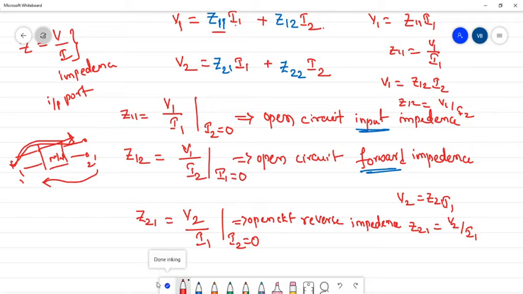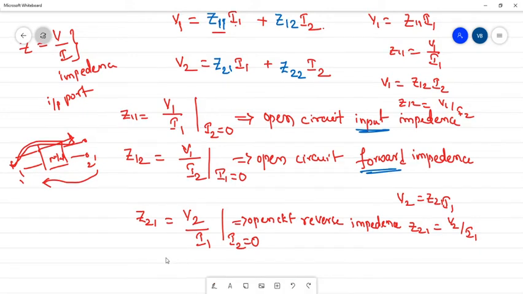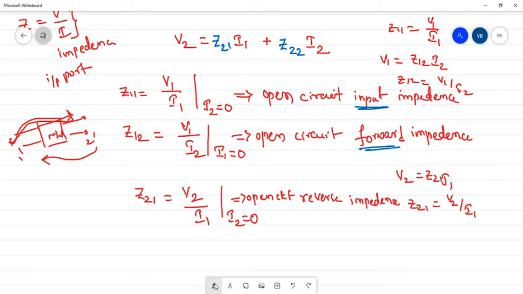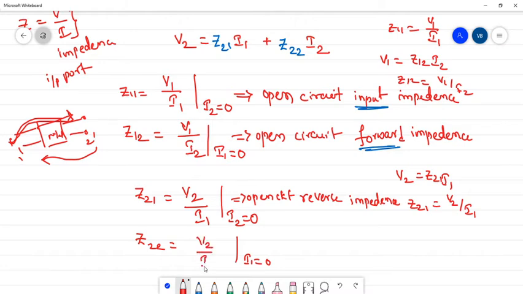And finally Z22. What is Z22? To calculate Z22, I1 should become 0. Whenever I1 becomes 0, V2 is equal to Z22 I2. That is Z22 is equal to V2 by I2. Both are related to the output port.